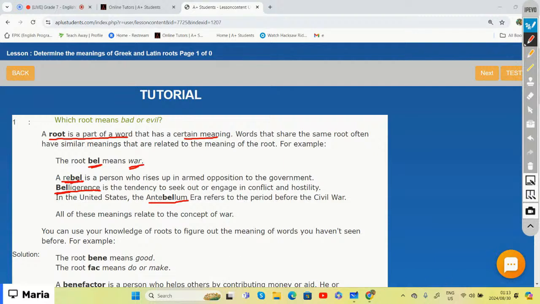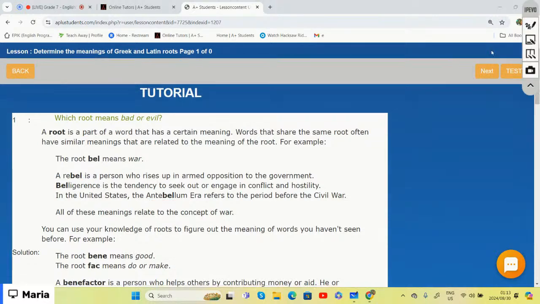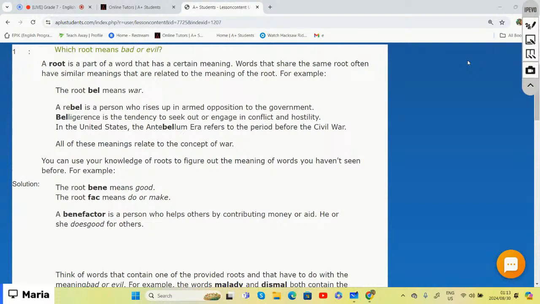Now, if you look at another example, you can also use your knowledge of roots to figure out the meaning of words that you haven't seen before.